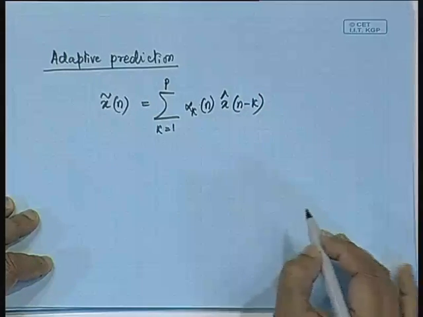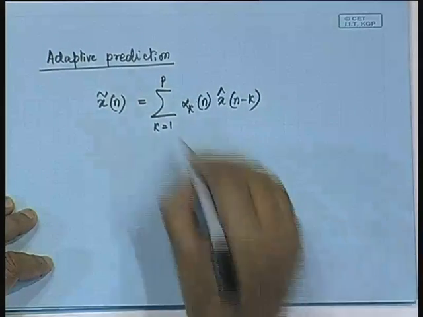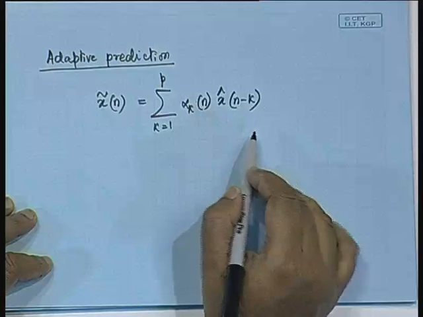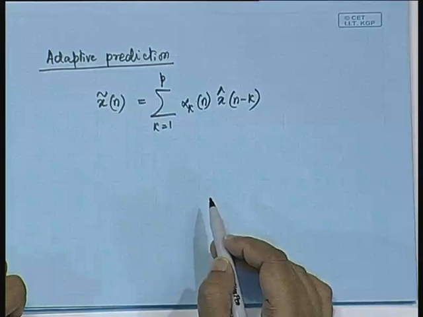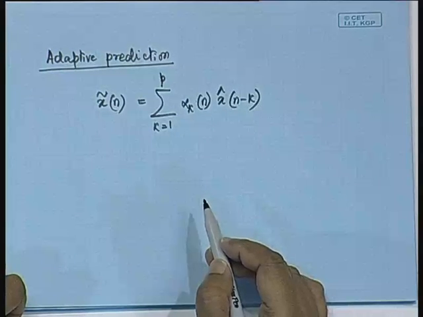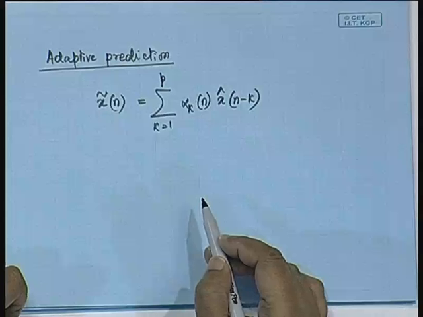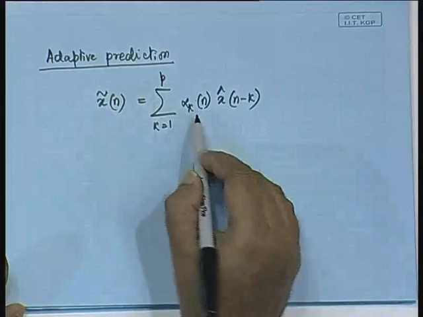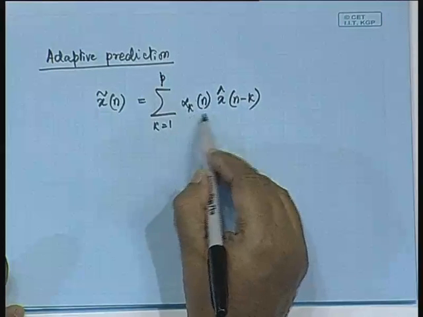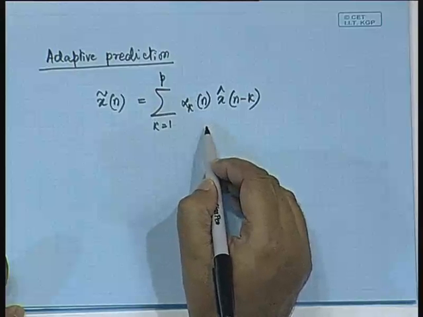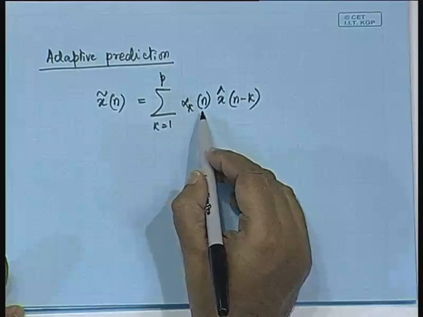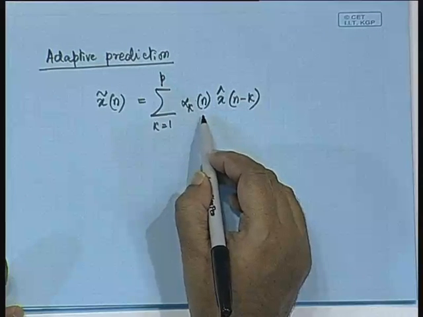So, this is a general expression, which means to say that as per this expression we are having a p order predictor. And mind you, you also observe that in this case we are not keeping fixed alpha k's, but we are keeping alpha k as a function of n.